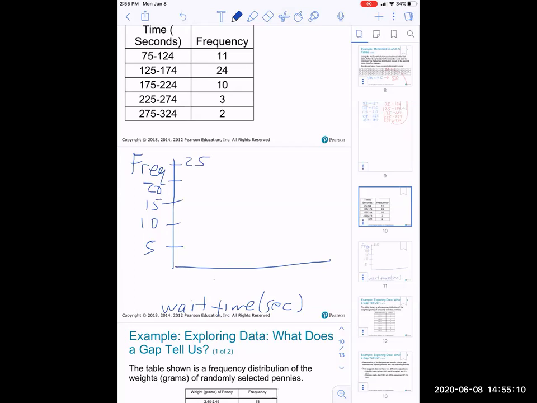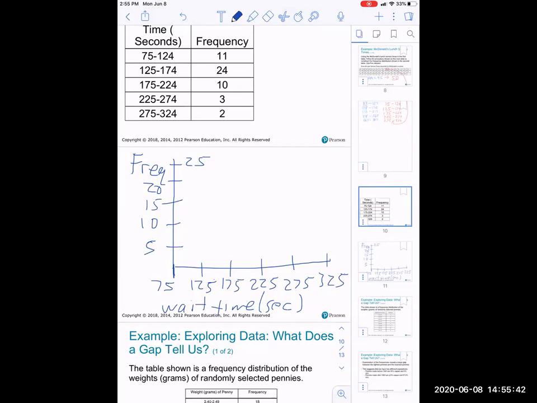Now, we have no gaps. All I'm going to do is start at my lower class limit of 75. Notice we don't have 0 because we're starting our classes at 75. Then I'm going to go up to 125. I'm just going to use those lower class limits. And this would be 325.